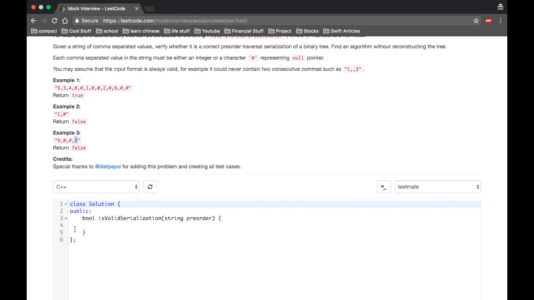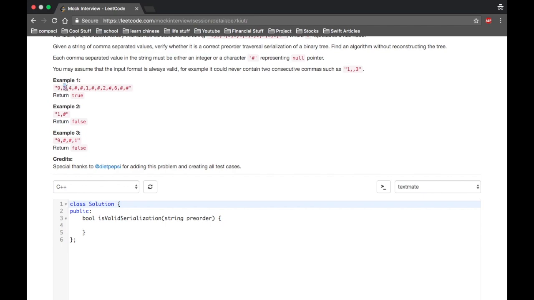they don't want us to reconstruct the tree. I'm wondering if we can just do one pass and just go through the whole tree. Yeah, let's try this out. So we take the first number, then we take the next number.